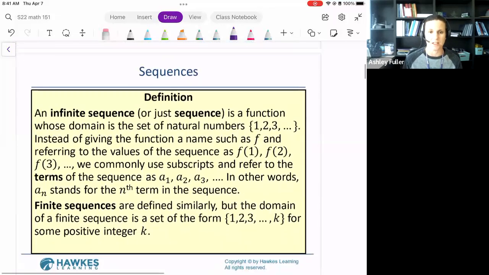The definition of a sequence: if we just use the term sequence, we assume that it's infinite, meaning it goes on forever. And the domain, or the input values, are the set of natural numbers, 1 to infinity. And instead of giving the function a name and then defining the values as f of 1, f of 2, we normally just list subscripts and refer to the terms of the sequence.